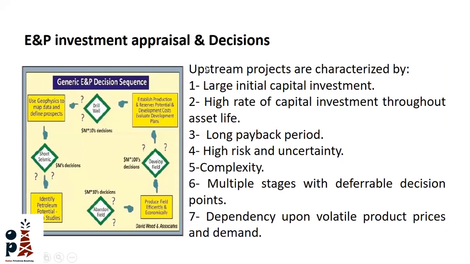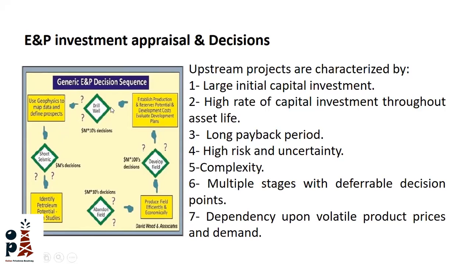So in each phase in the life cycle of the E&P project, you have to take a decision, starting from identifying a basin for the exploration team and converting this basin to a prospect. After that, you decide to drill an exploration well after you define a prospect.